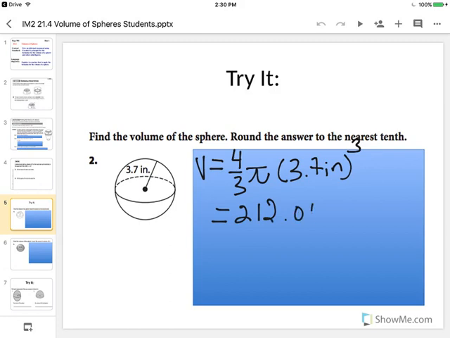Rounding to the nearest tenth, we can round this off to 212.7, and this is in inches cubed. Even if in the calculation you don't include the inches, when you write the answer, make sure that you include the units. In this case, it is inches.